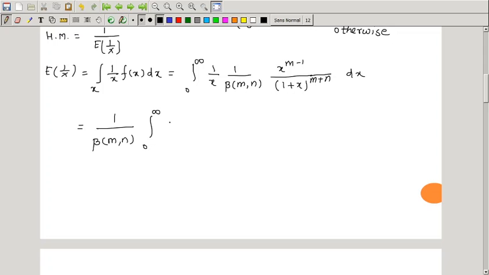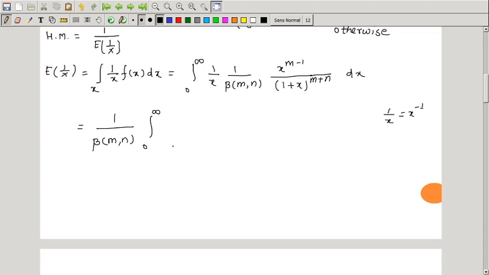Then we get 1/B(m,n) times the integration from 0 to infinity, and this 1/x you can write as x raised to minus 1.